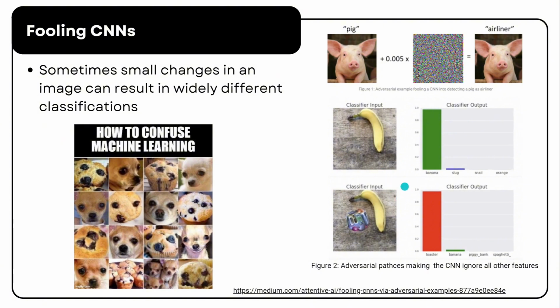Okay, so take a look at this. It's a funny but insightful example. On the left, we see a collection of images comparing Chihuahua faces to muffins or cookies. It's hard to tell at first glance, though humans can usually figure it out pretty quickly.